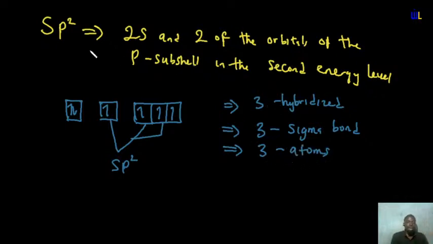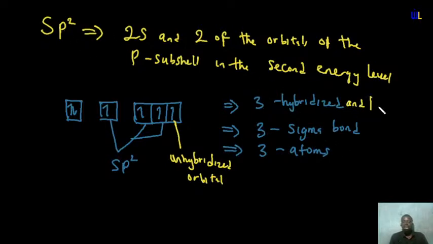Now before we move ahead, this particular orbital here that is not hybridized is referred to as an unhybridized orbital. So we can say that an sp2 hybridized carbon atom has 3 hybridized orbitals and 1 unhybridized. So let's understand.